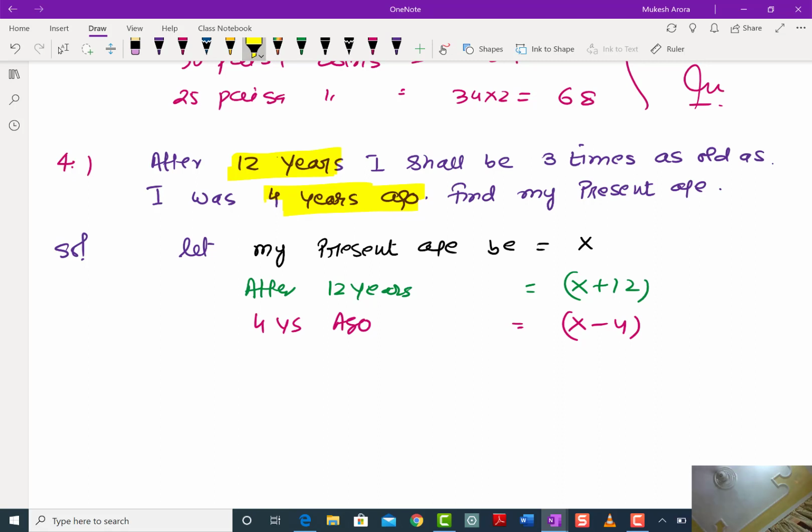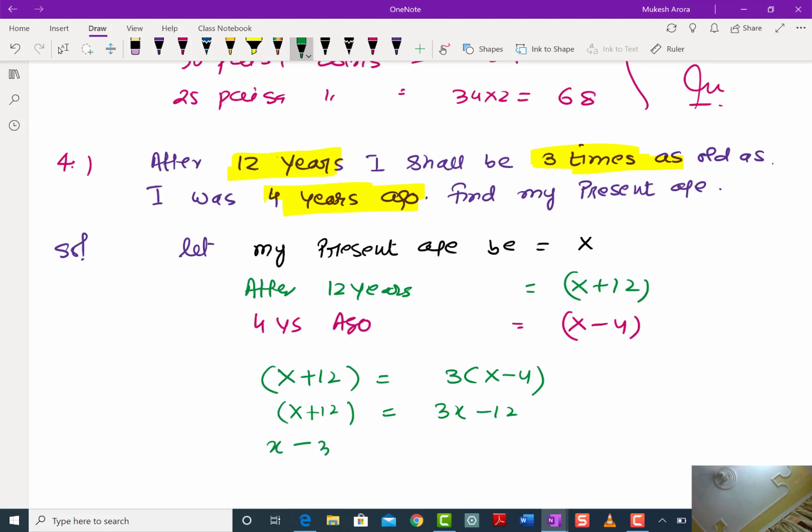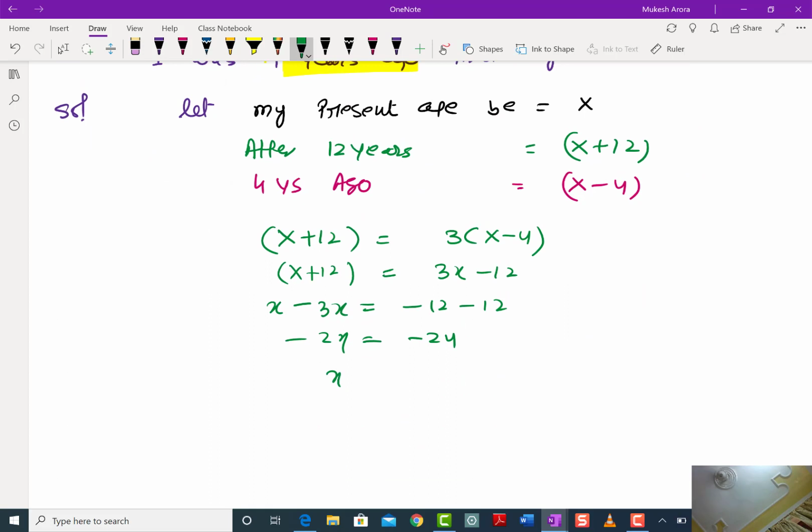After 12 years, I will be 3 times as I was 4 years ago. So x plus 12 is equal to 3 times x minus 4, that is 3x minus 12. So x minus 3x is equal to minus 12 minus 12, minus 2x is equal to minus 24, x is equal to 12 years. So my present age is 12 years.